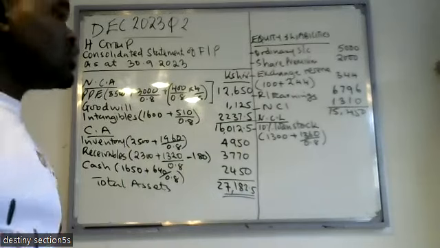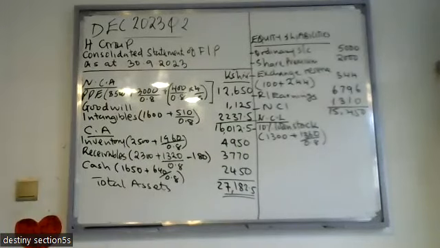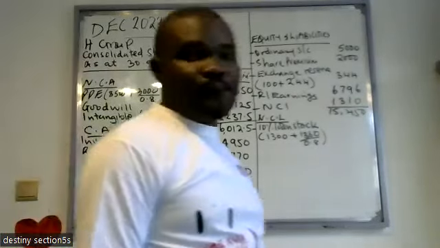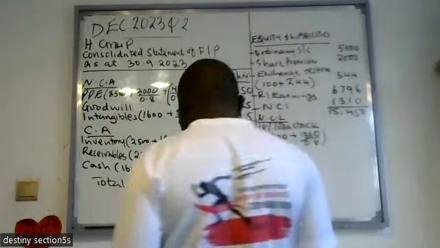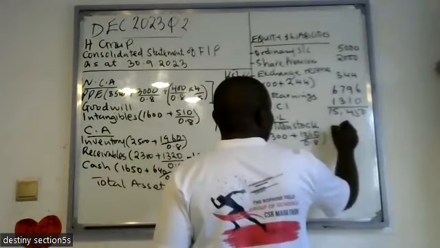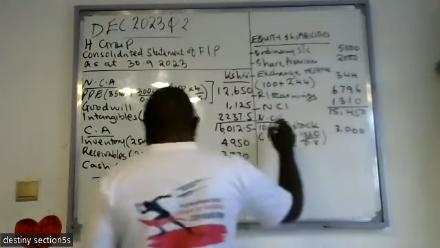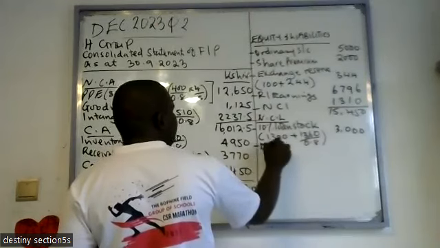What will you get for the loan stock? Someone's getting 3,000. Thank you. 3,000. Deferred tax.